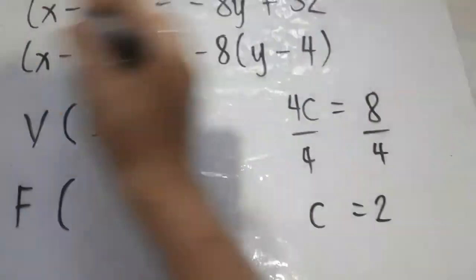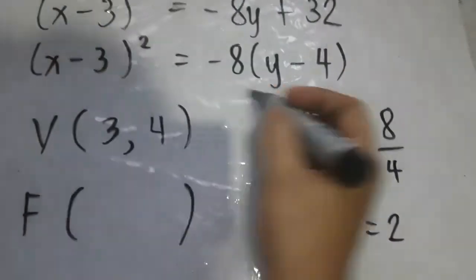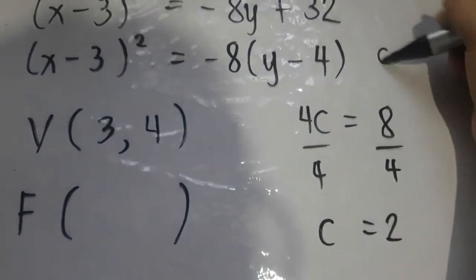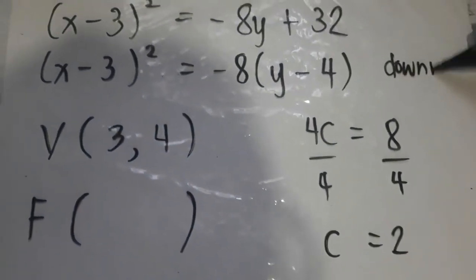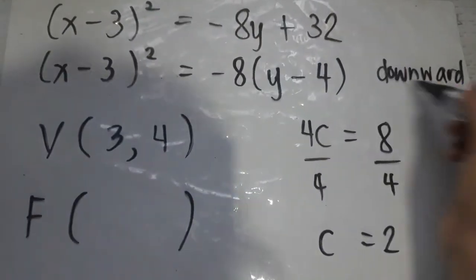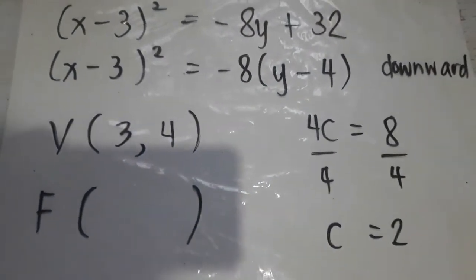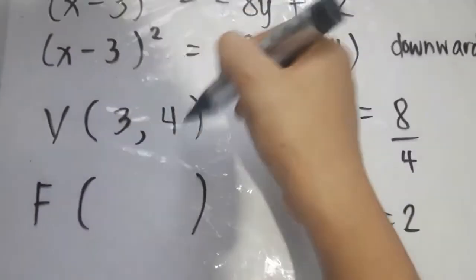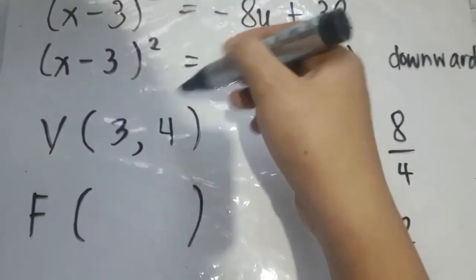Now, observe the graph. The parabola opens downward because we have x squared and a negative coefficient of y, so the movement will be on the y coordinate.